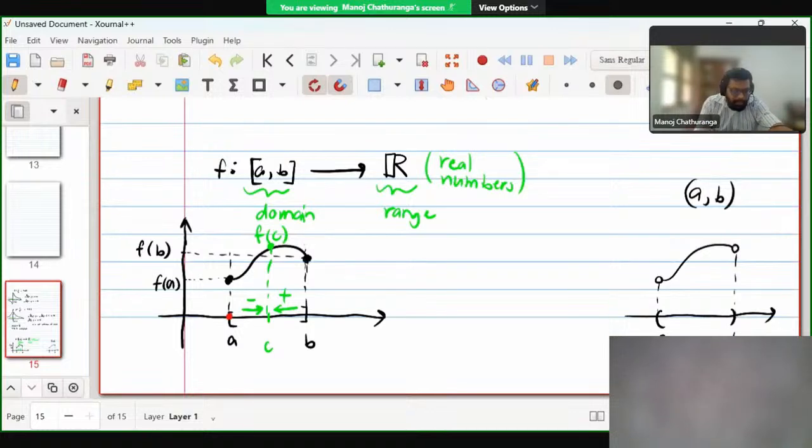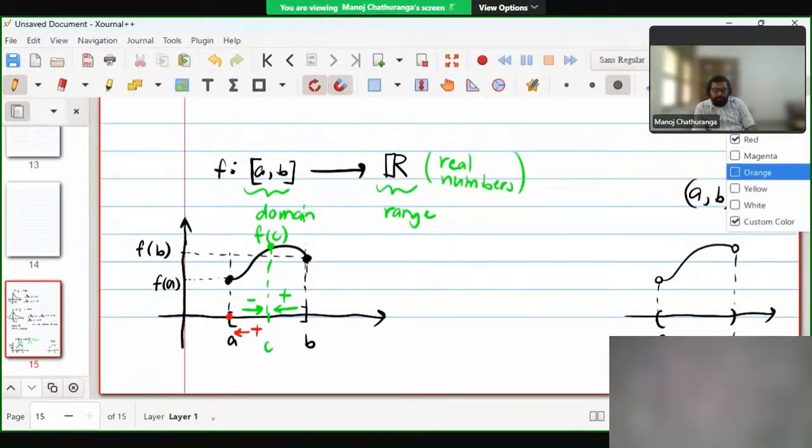We can only approach A from the right-hand side. The same is true for B. The only way to approach point B is from the left-hand side. So at points A and B, we cannot talk about the left limit and right limit, because since they are endpoints, we have only one way to approach them.